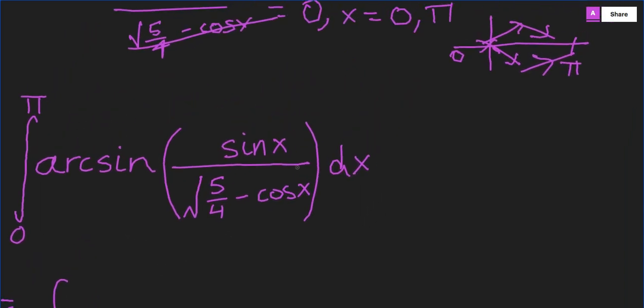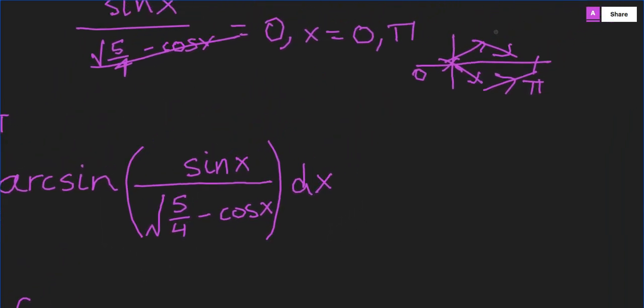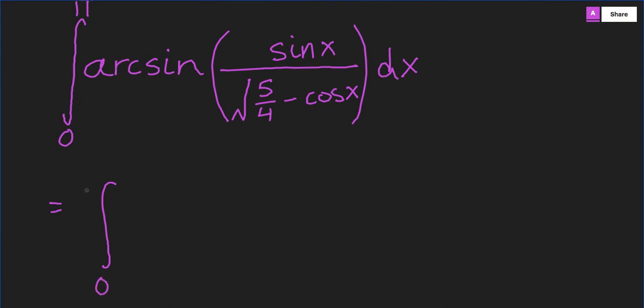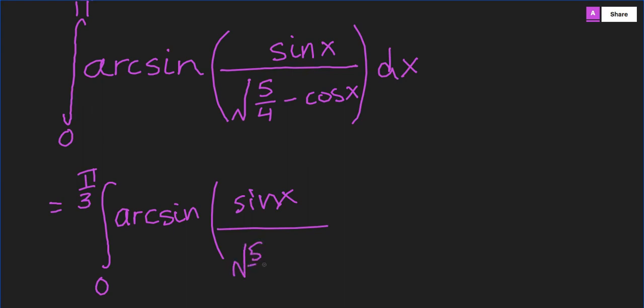The maximum point between these two values is x equal to pi/3. So the function increases from 0 to pi/3, and it decreases from pi/3 to pi. So we can rewrite this integral as the integral from 0 to pi/3 of arcsin of sin x over the square root of 5/4 minus cos x.